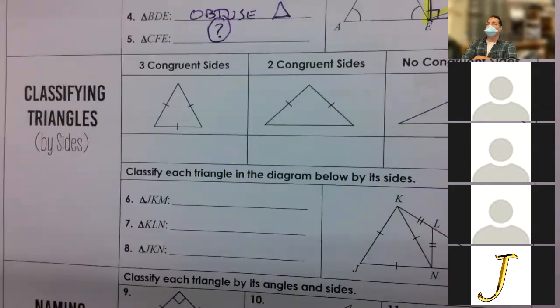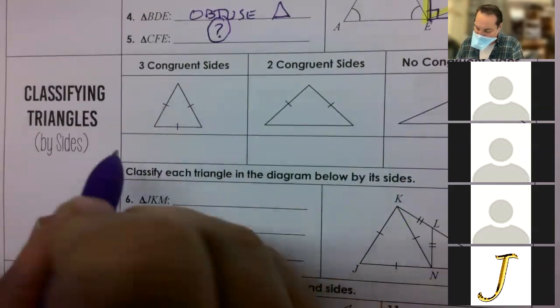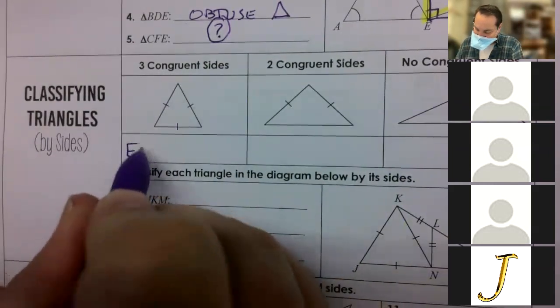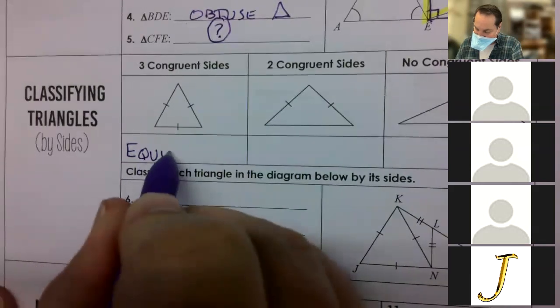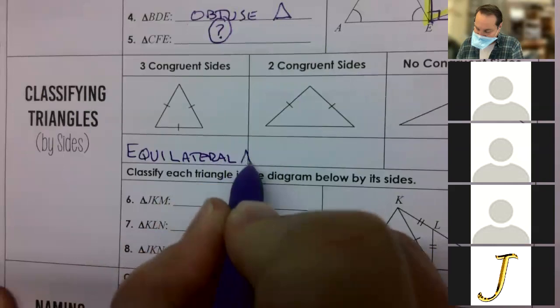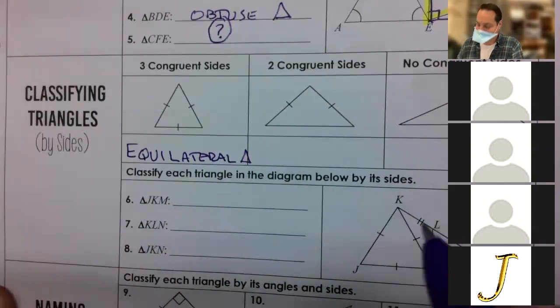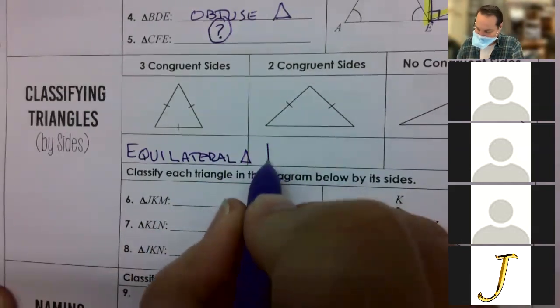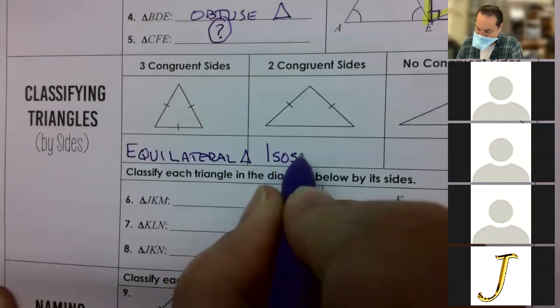The second way we can classify triangles is by side length. If all 3 sides are congruent, remember what that's called? Good. Equilateral. Lateral means sides. What about if 2 are congruent? Isosceles.